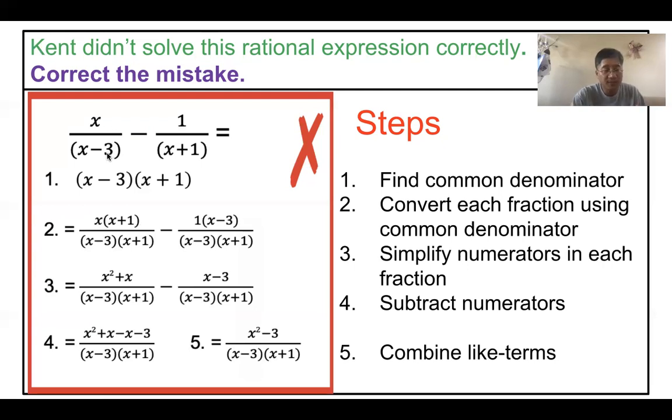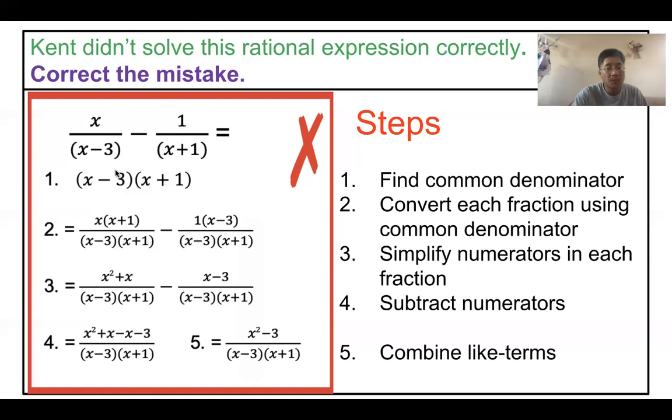So x minus 3 times x plus 1, if you multiply, will be the common denominator. Then, after you find the common denominator, so far so good, right? Now you need to convert each fraction using the common denominator. So the denominator will be x minus 3, x plus 1.